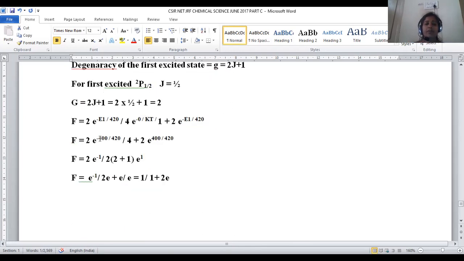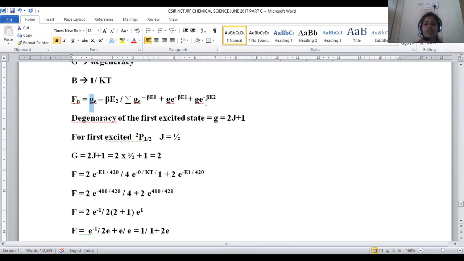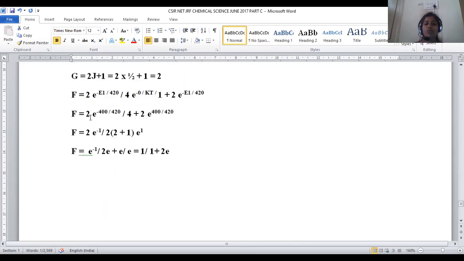So 2 into e to the power minus 400 by 420 by 4 plus 2 e to the power 400 by 420. Right? So when we substitute all the values, it will become 2 into e to the power minus E1 by kT by 4 into e to the power minus 0 by kT by 1 plus 2 into e to the power minus E1 by kT.